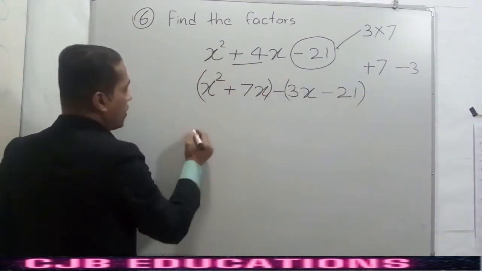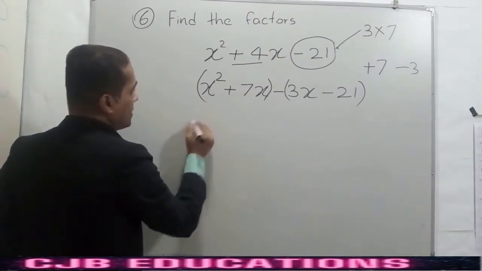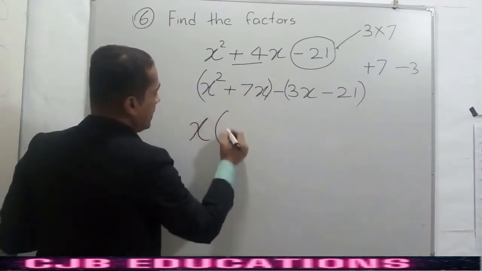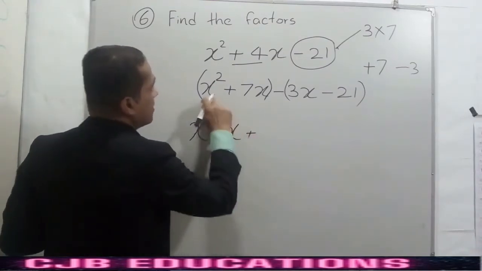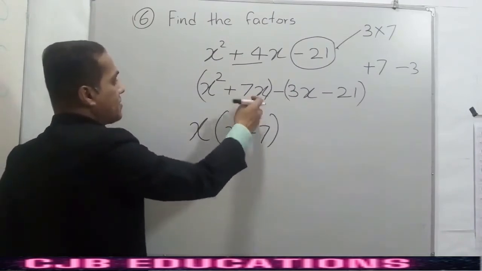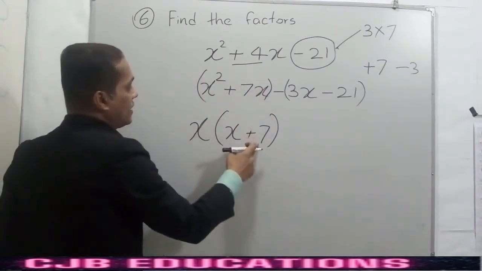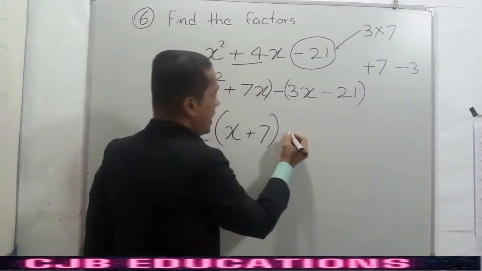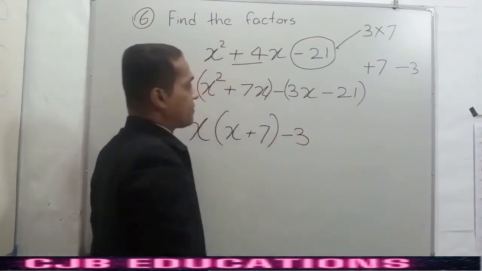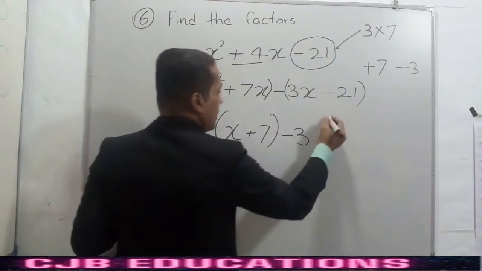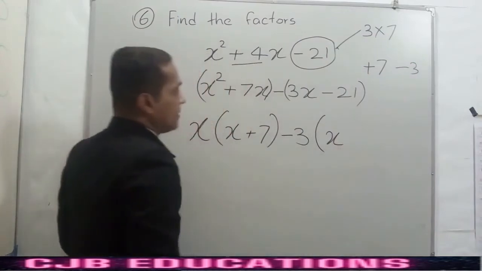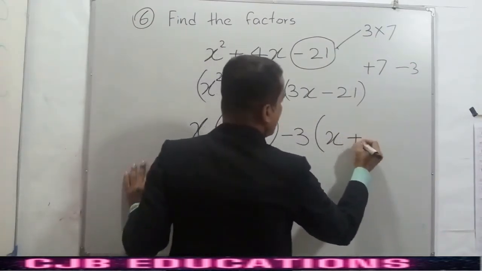Then we can get out this common factor. The common factor is x. x getting outside and x plus 7. Then we can find this also. We can get minus 3 outside of that bracket, then we can put here x plus 7.